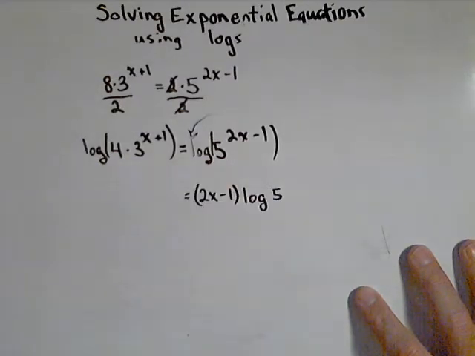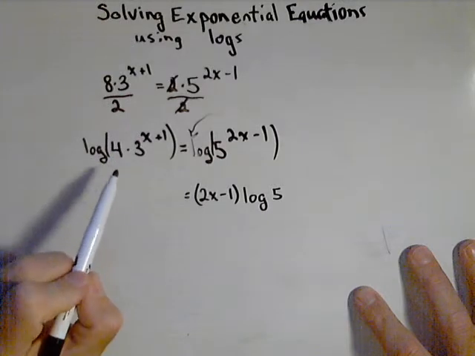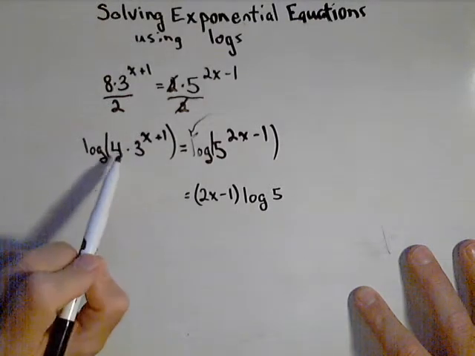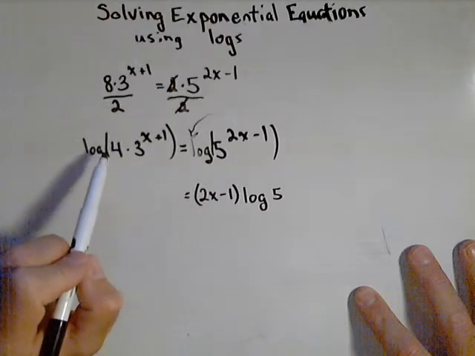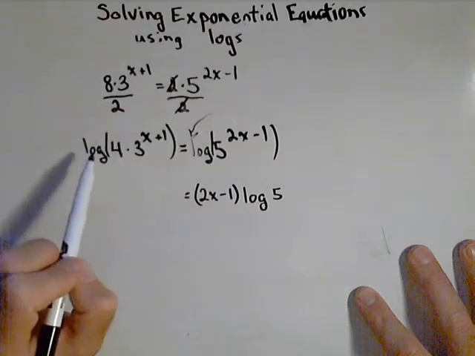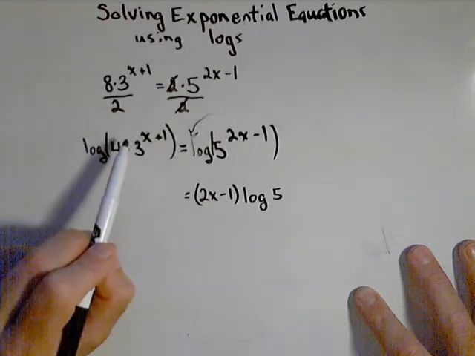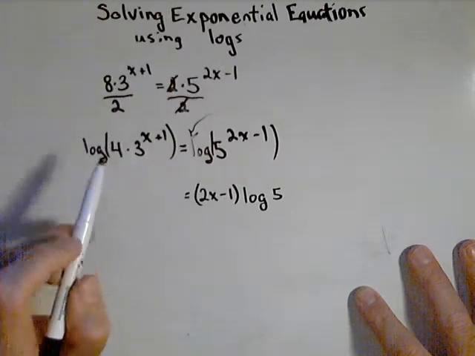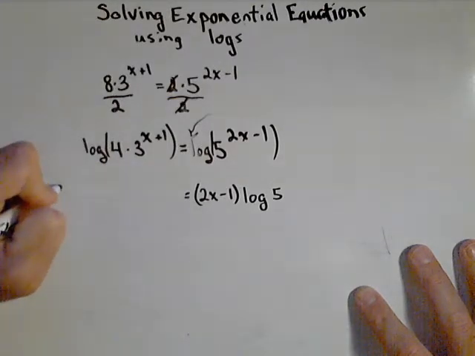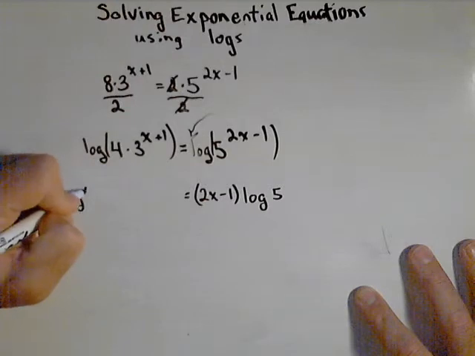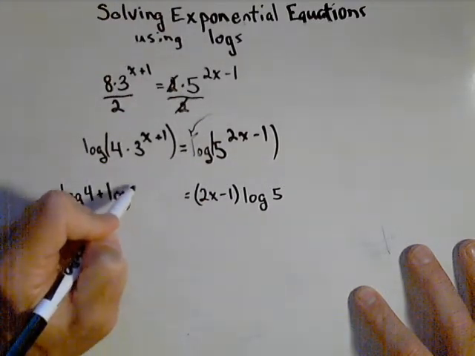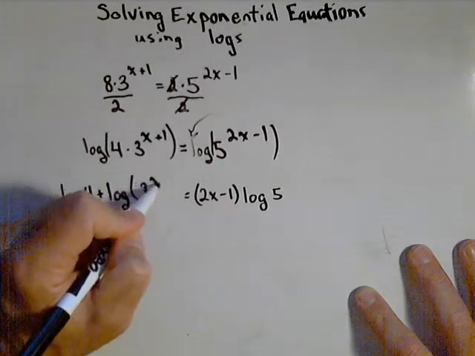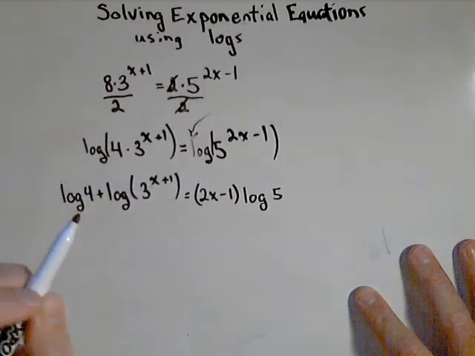Now here's where you've got to be a little careful. I can't do that yet on the left-hand side because 4 is not being raised to the x plus 1. What I can do is I have multiplication. I can use my product property of logarithms. So I can rewrite this as log of 4 plus log of 3 raised to the x plus 1.